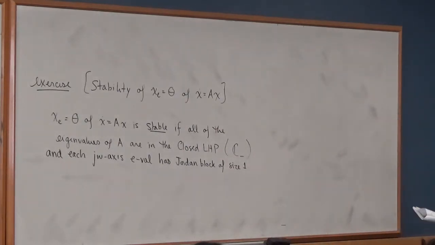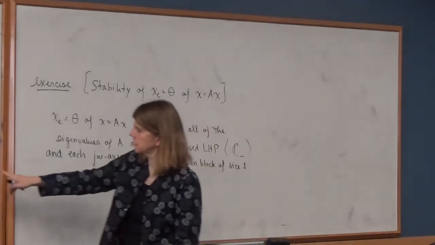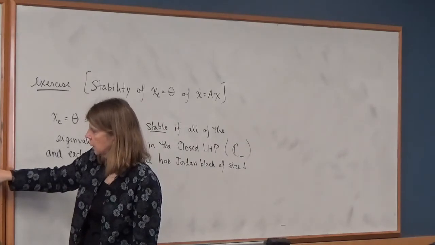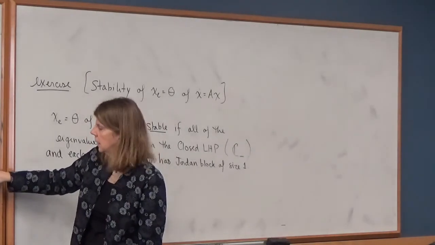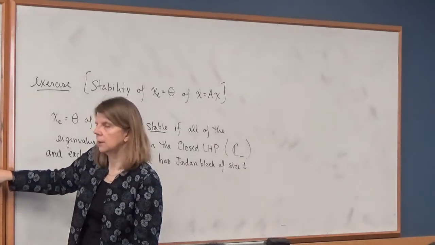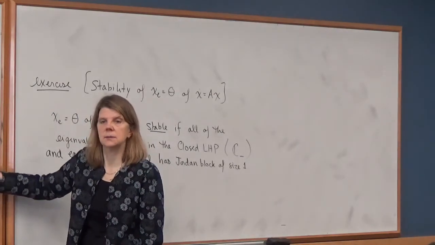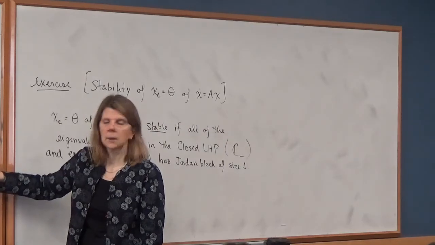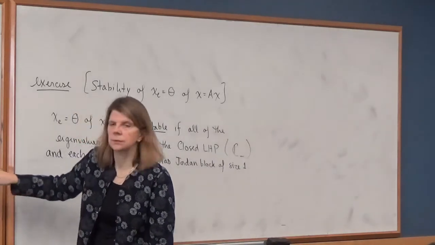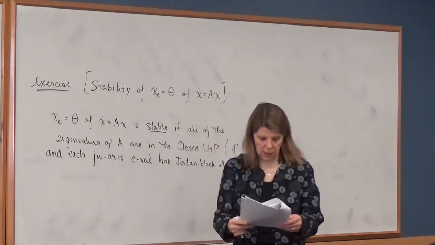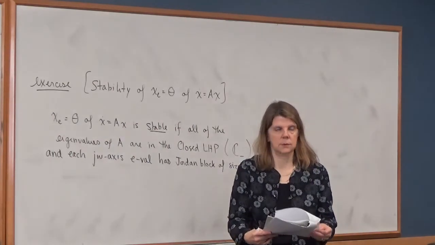So in the case of stability, you are allowed to have eigenvalues on the j omega axis, which would have 0 real part. But that better have a Jordan block of size 1, or you're going to get some t's appearing over here. Right? So think of this notion of e to the At, and just go through that proof. Make sure you understand how that works.